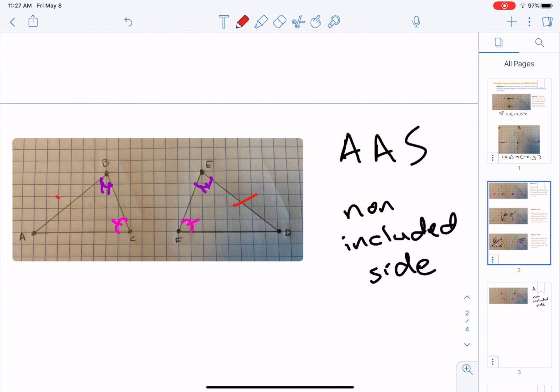That's non-included. Then those two triangles are congruent, and we're going to look at some of the logic behind that in the next video. I hope that was a clarifying review and that you're ready to move forward.